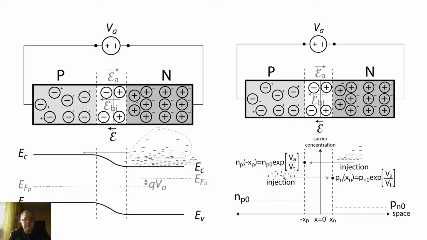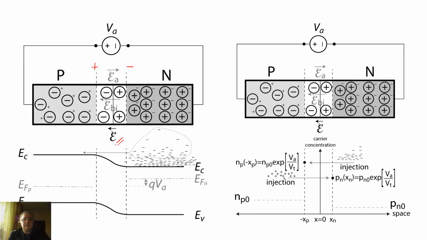Very quickly about the forward bias mode, we connect this external energy source VA, the positive potential to the P side and the negative to the N side, so that it creates an externally applied field in this direction which opposes the built-in electric field, so that the resulting internal electric field from the N to the P side is reduced.